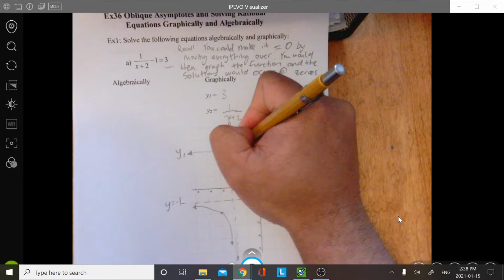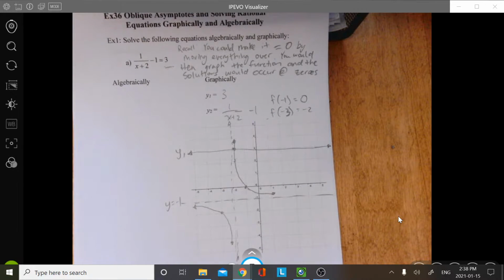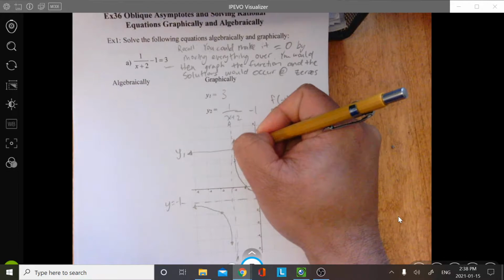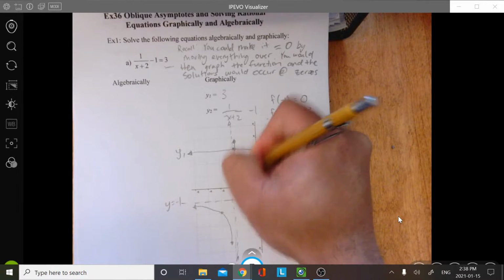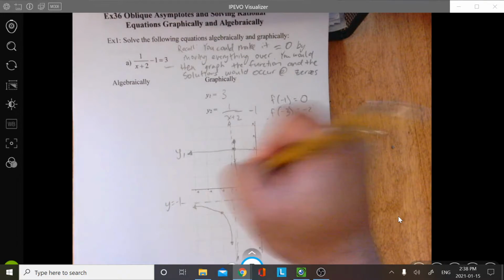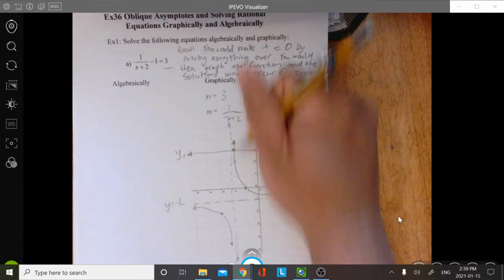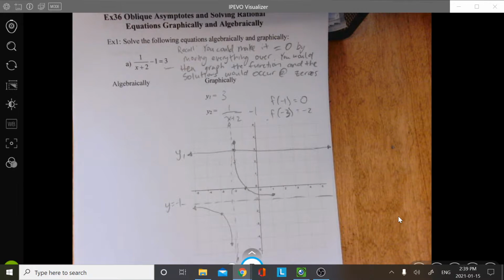And here is my solution, right? Where they intersect is going to be this solution. It's going to be between, say, negative 1.5 and negative 2. If I was a little more accurate with my sketch, I can guesstimate it's going to be between those two values here, right?